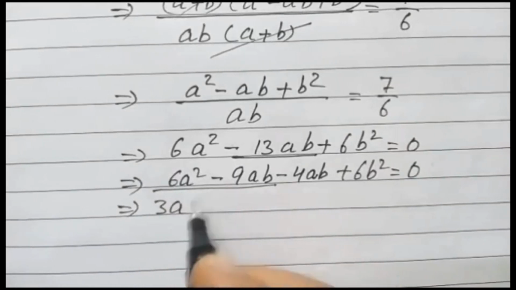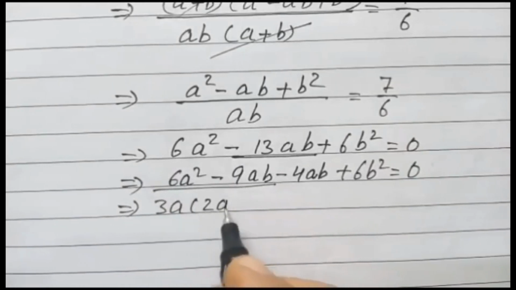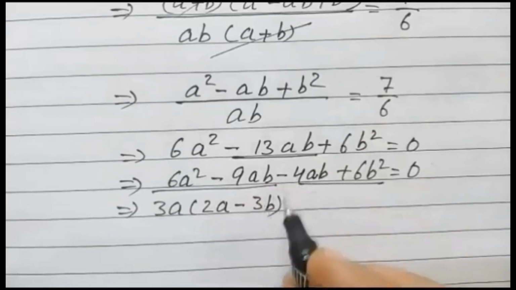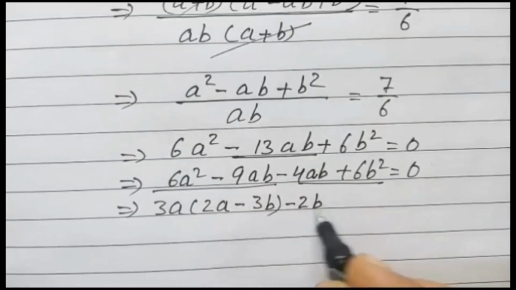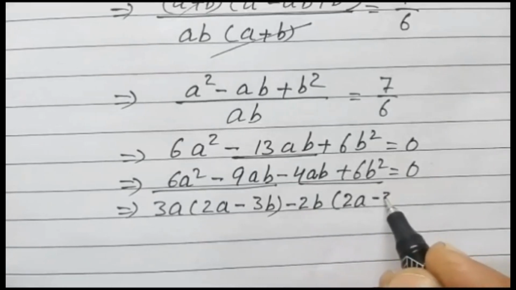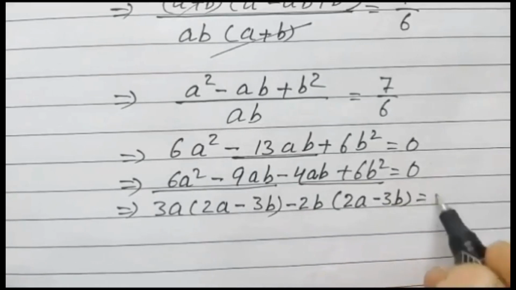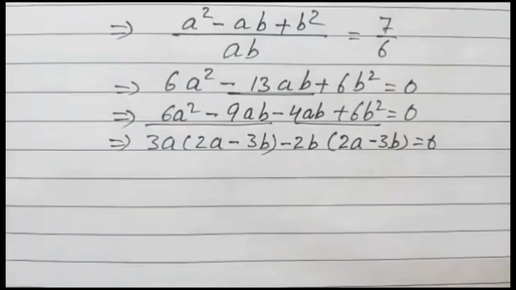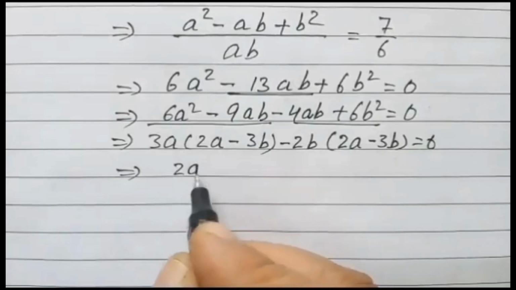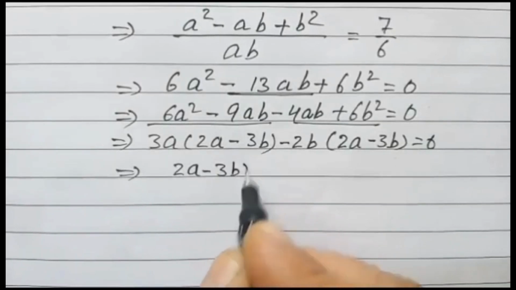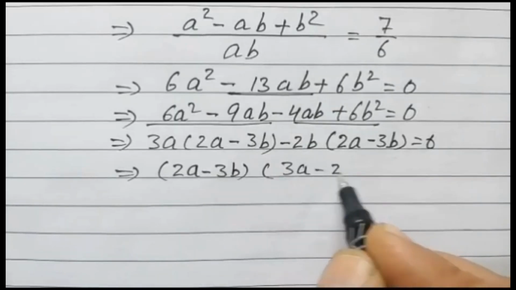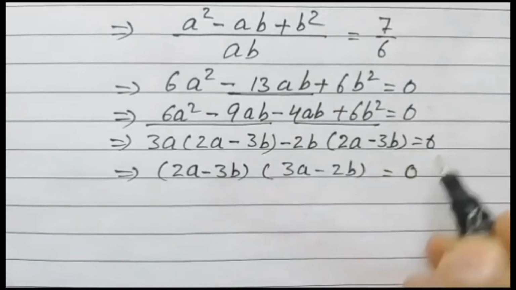Here 3a as common, so 3a(2a minus 3b), and minus 2b as common, so we have remaining (2a minus 3b) is equal to 0, right? So (2a minus 3b)(3a minus 2b) is equal to 0.